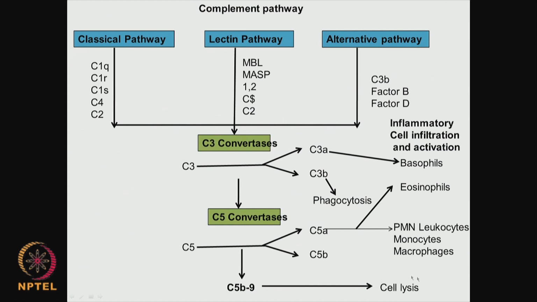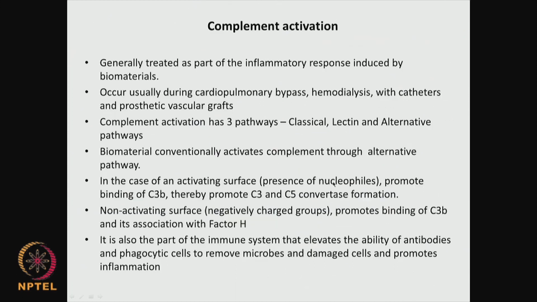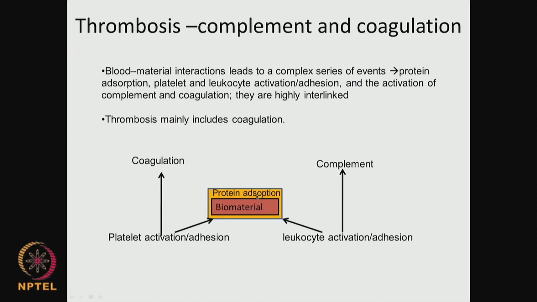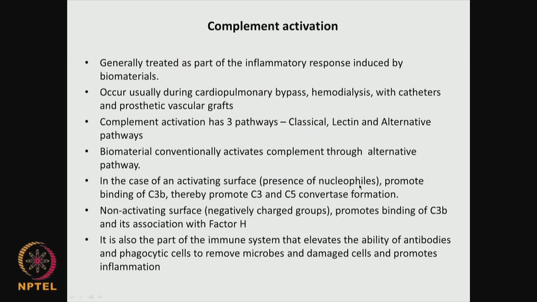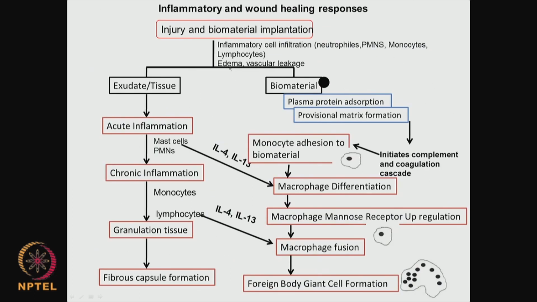This can lead to cell lysis. Again going back, protein adsorption, biomaterial. We can have two things happening: the platelet activation, blood clotting, coagulation, or we can have leukocyte activation leading to complement, cell lysis, that is cell death. Then comes inflammation and wound healing.